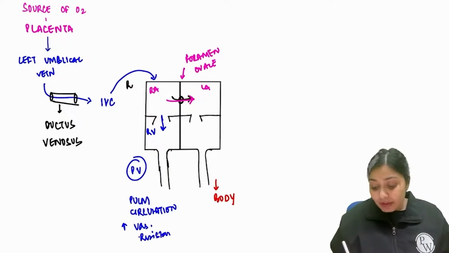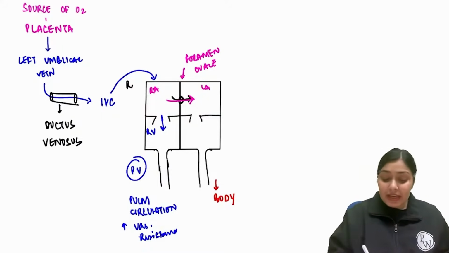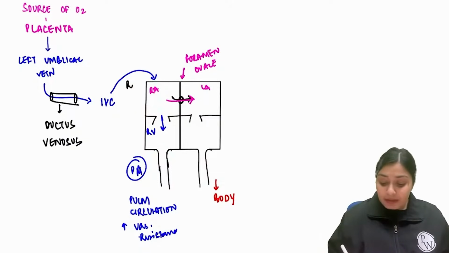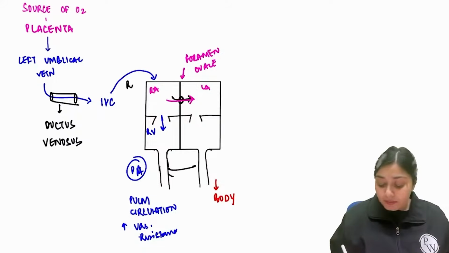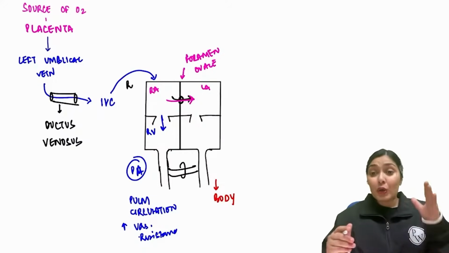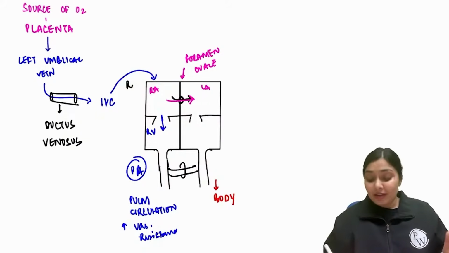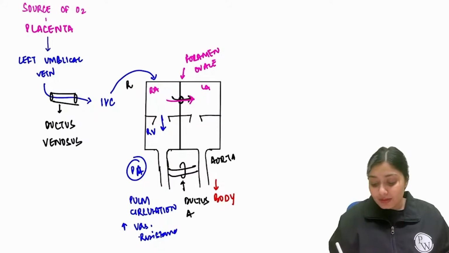So the blood won't go down because of the high pulmonary vascular resistance. It is shunted to the other artery. From the pulmonary artery, the blood gets shunted through a duct connecting two arteries, the pulmonary artery to the aorta, the big artery. This duct is known as the ductus arteriosus.